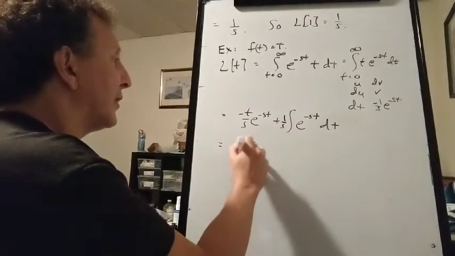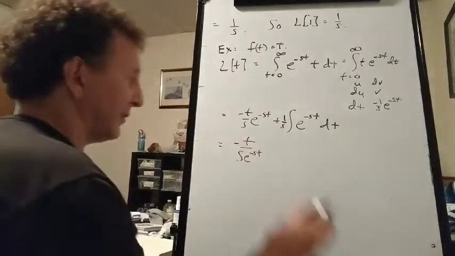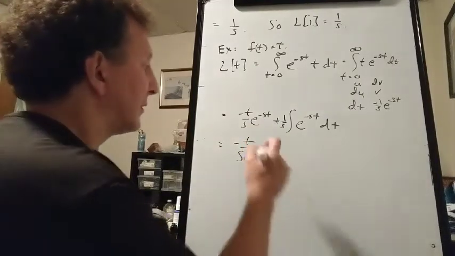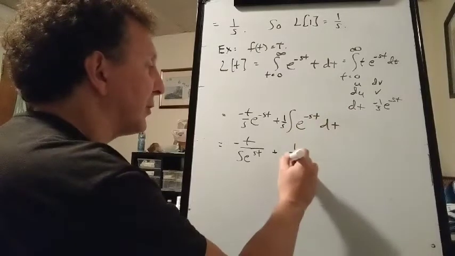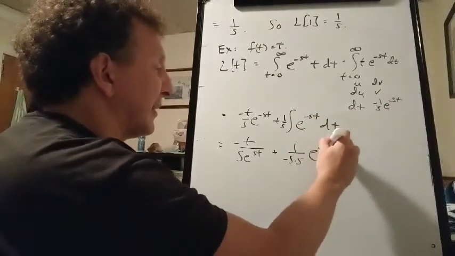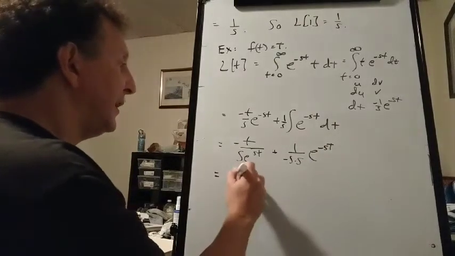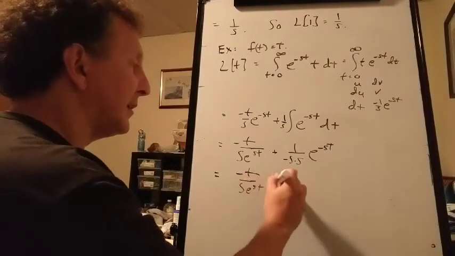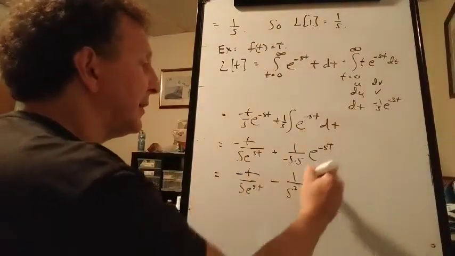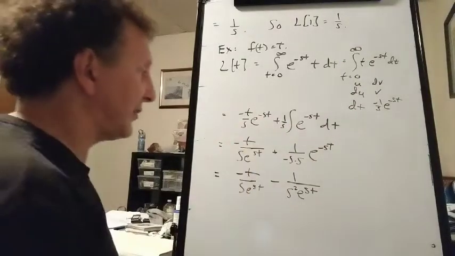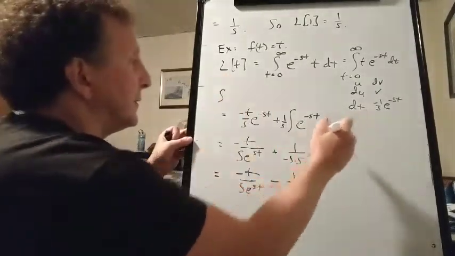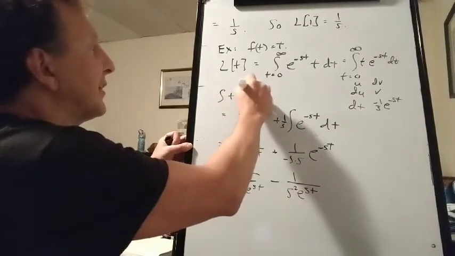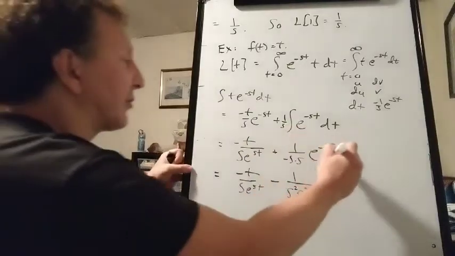So negative t over s e to the st in the denominator, plus 1 over s, and when we integrate this we get another negative s down there, e to the negative st. So we've got negative t over s e to the st minus 1 over s squared e to the st. That's just the indefinite integral of t e to the negative st dt, really, plus c.